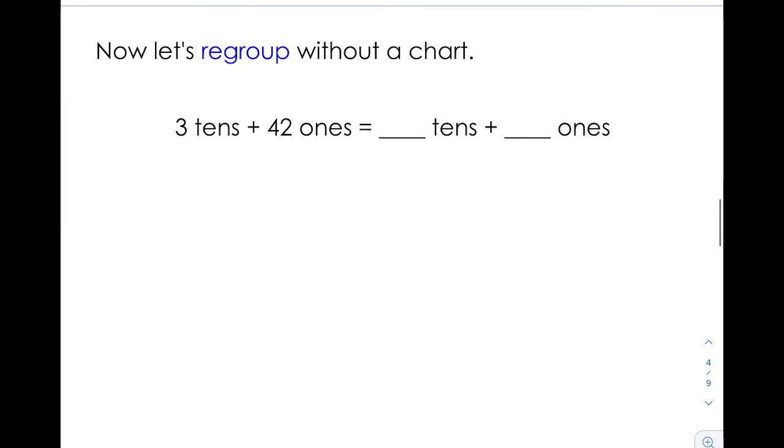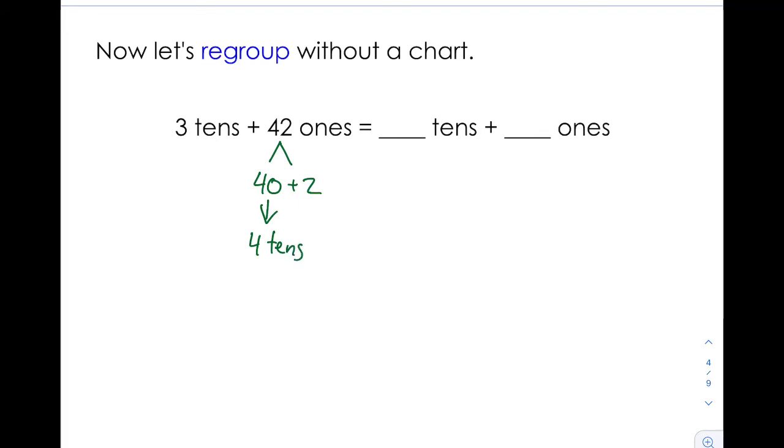Now let's regroup without a chart. So 3 tens and 42 ones. The 42 ones can break into 40 plus 2. The 40 breaks down into 4 tens, right?